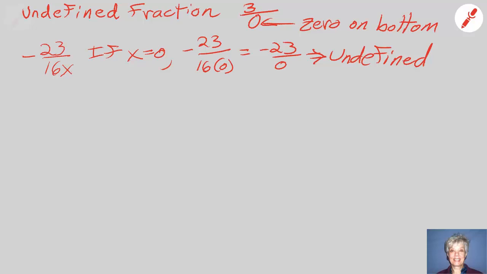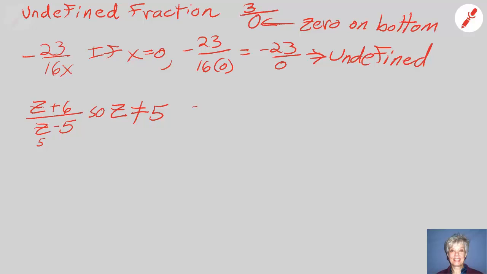All right, let's try another one. How about z plus 6 over z minus 5? Well, if z equals 5, you'll have 5 minus 5, which is 0. So z cannot equal 5, because if it does, the whole denominator will equal 0.